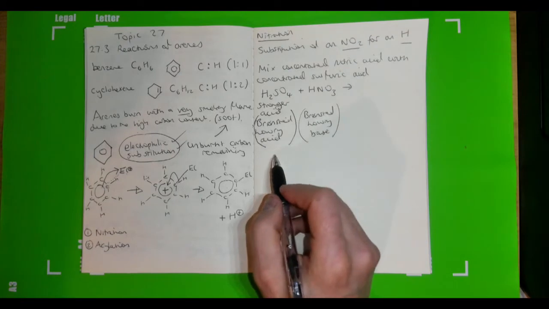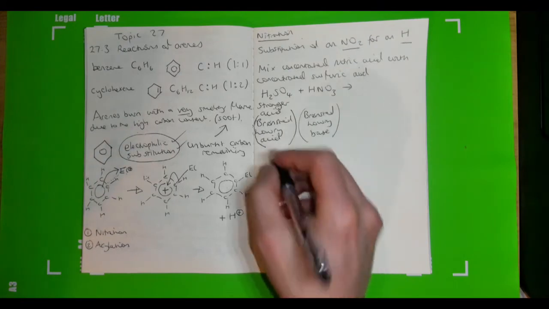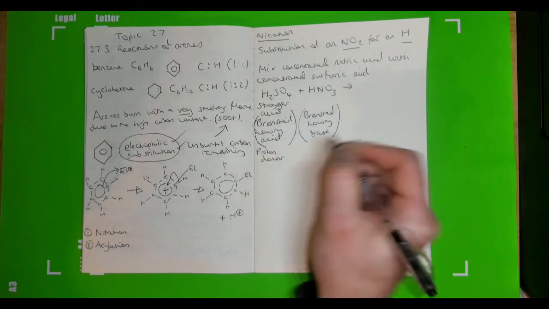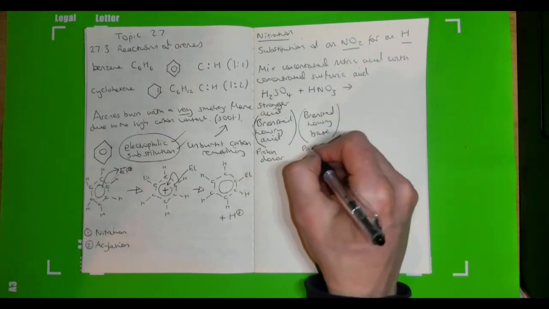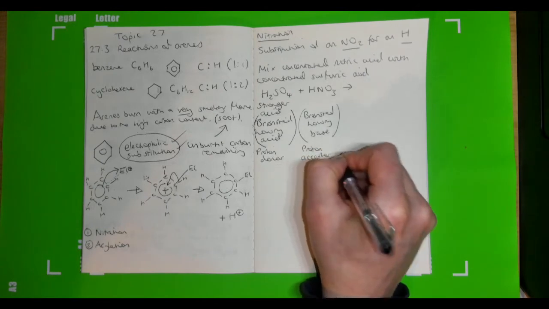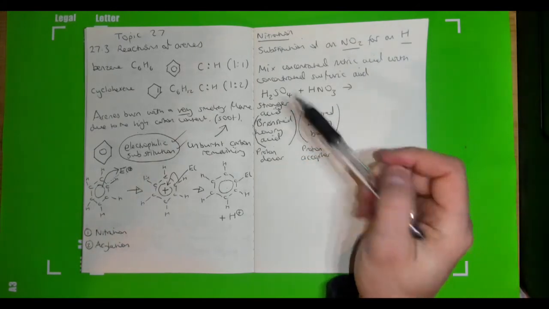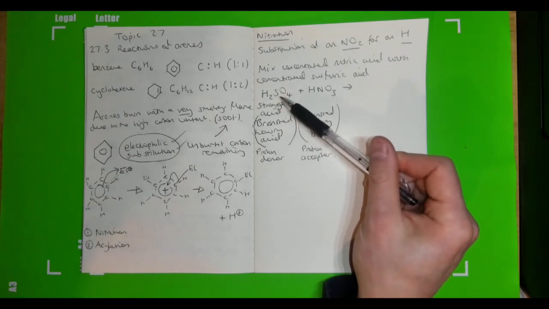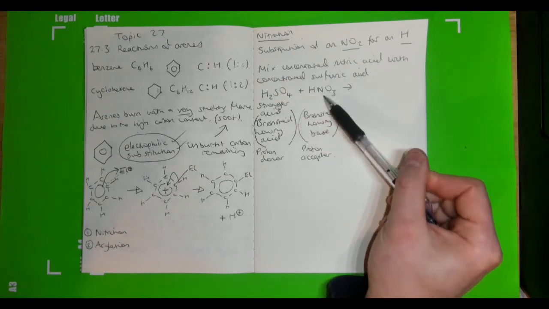So remember, a Bronsted-Lowry acid is a proton donor, and a Bronsted-Lowry base is a proton acceptor. So what happens is the sulfuric acid donates a proton to the nitric acid.